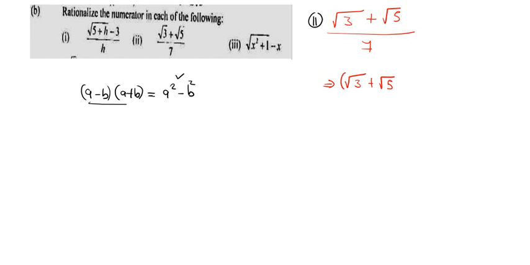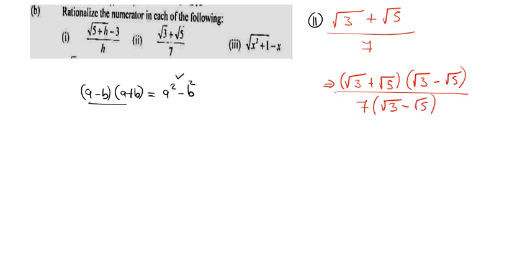We'll do the conjugate again, root 3 minus root 5, like that. This is the conjugate. Then over the conjugate now multiply with the denominator. So the conjugate is root 3 minus root 5.